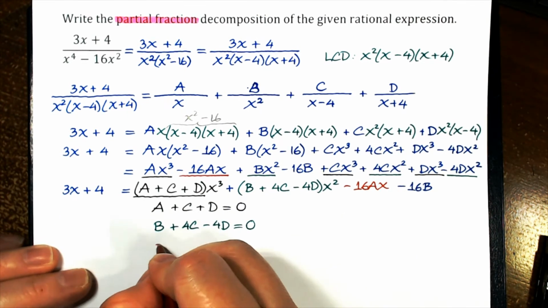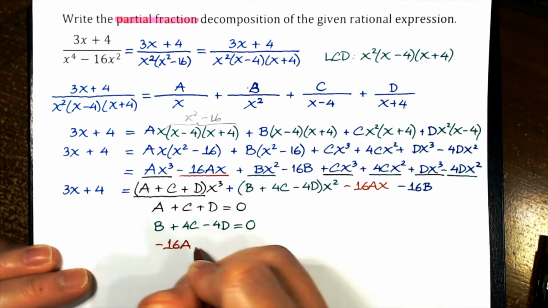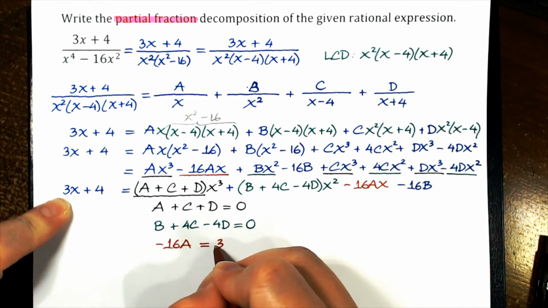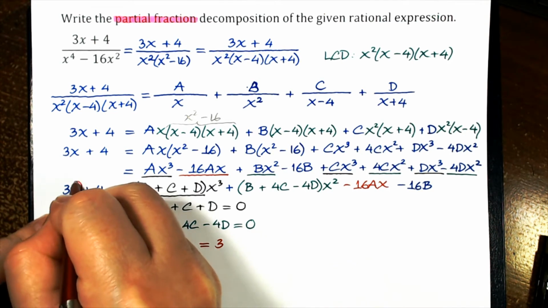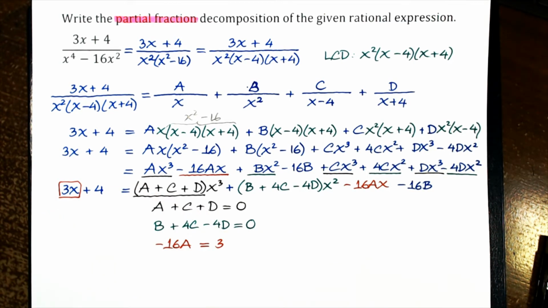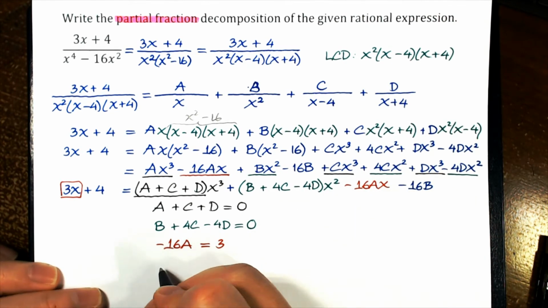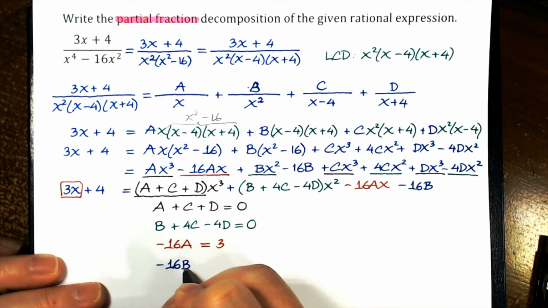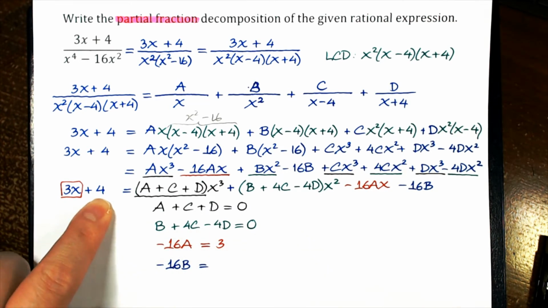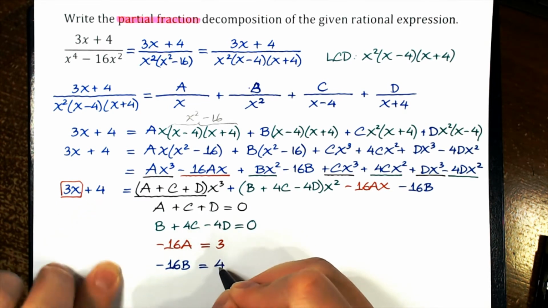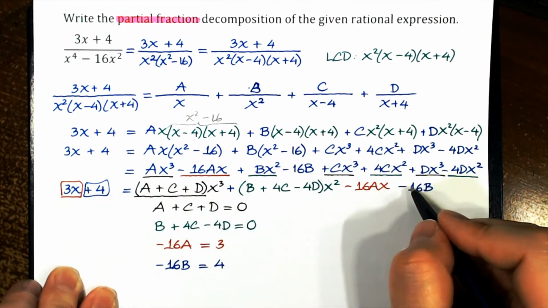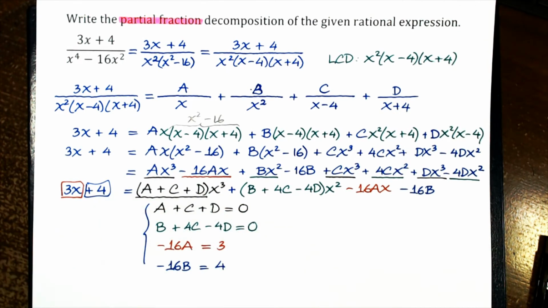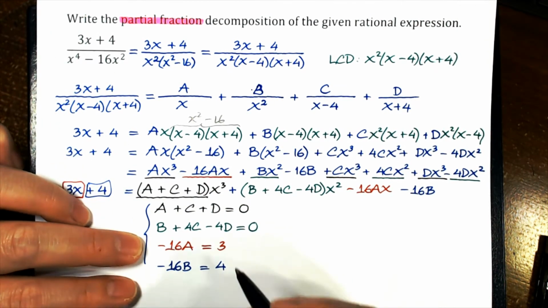And then negative 16a, the coefficient of x, must be equal to 3, the coefficient of x on that side. And negative 16b has to be equal to 4, the constant coefficient. So we have those equations. The bottom two are easy to solve for.